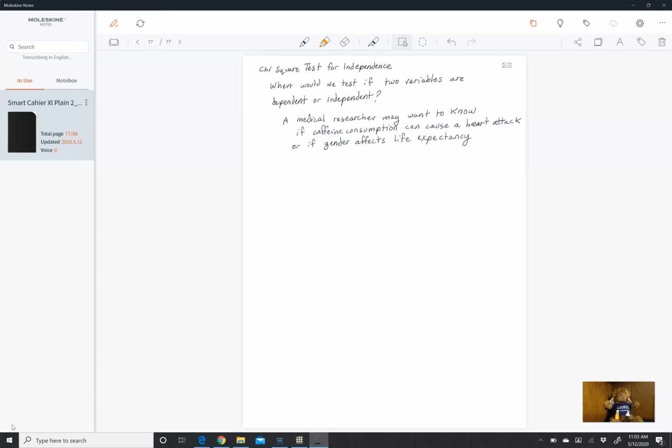And it's very similar to what we did in our last lesson where we did a chi-square test for goodness of fit, when we were talking about whether an expected distribution differs from the observed distribution, from the frequency distribution, okay? And we're kind of doing the same thing here. We're saying, does what we expect differ from what we observe? So the process is very, very similar, okay?